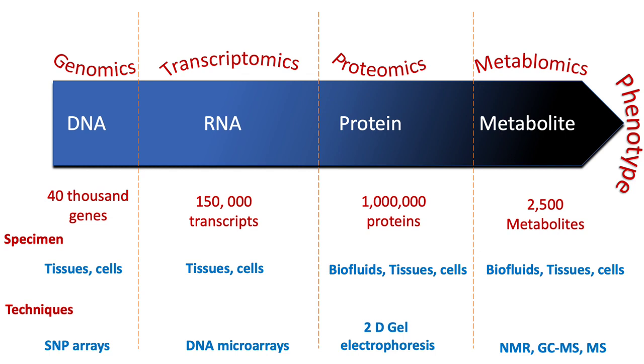For example, for DNA, you can use SNP arrays to analyze different functions and roles of the DNA. You can use DNA microarrays for transcriptomics studies, and 2D gel electrophoresis for proteomic results. But for metabolomics, you can use NMR, GCMS, and mass spectrometry techniques.